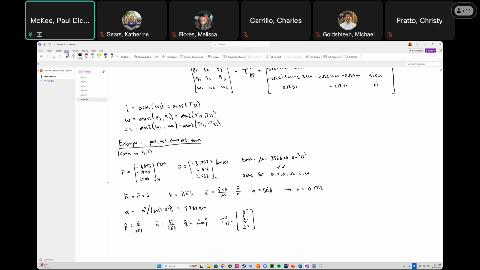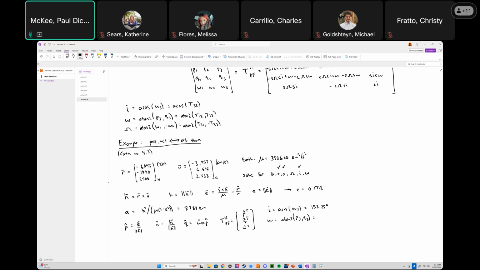So from here, inclination is the arc cosine of the third element in the W direction. And if you convert to degrees, it is 153.25 degrees. There's one of your answers. Inclination, done. And then little omega is atan2 of T3, Q3.